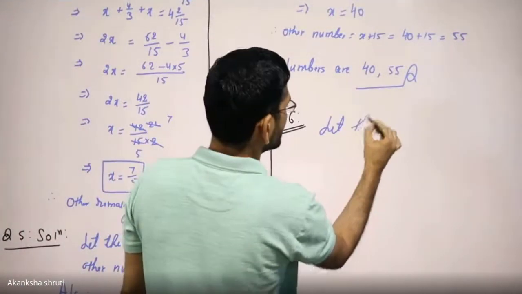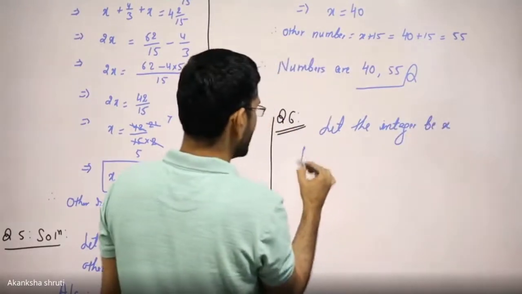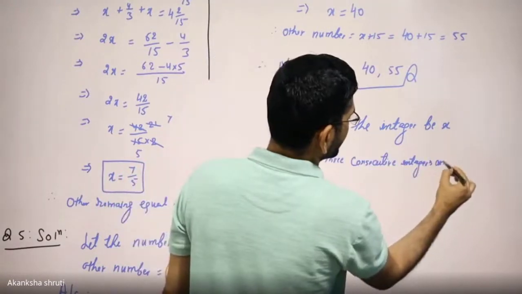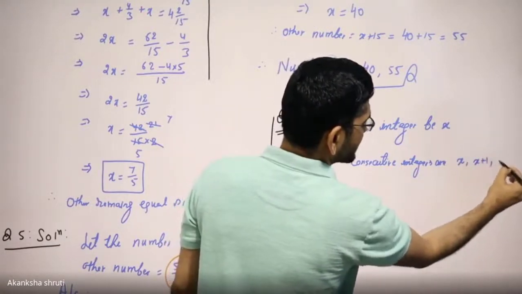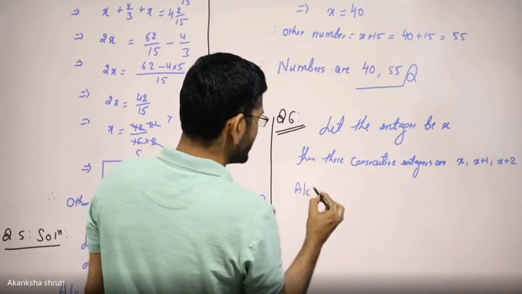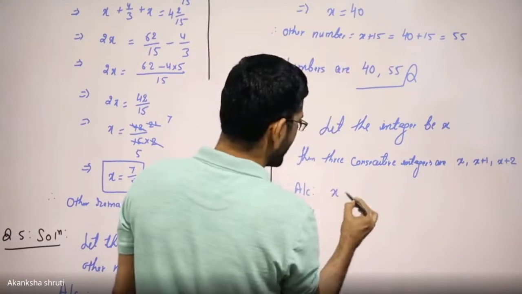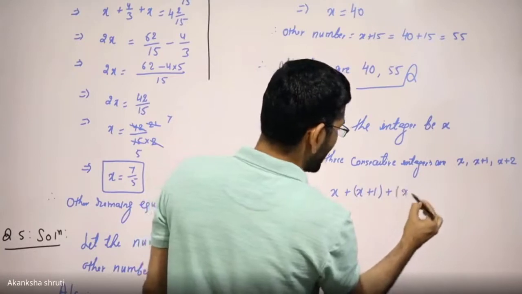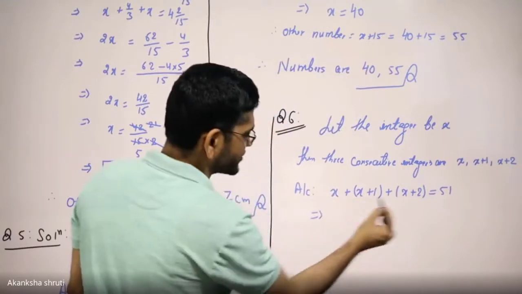Let the integers be, or the integer be x, then 3 consecutive integers are x, x plus 1, x plus 2. According to the question, it is given that the sum of these 3 consecutive integers is 51. So it becomes x plus x plus 1 plus x plus 2 equals 51. Removing the bracket, no sign will change.